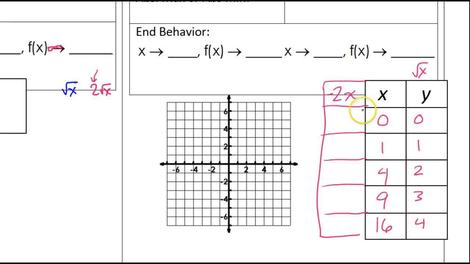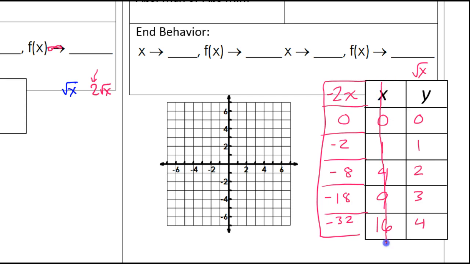That's not changing. Okay, but we have these new X values. We're going to have a new X column by multiplying all the old X values by negative 2. So that's going to give me 0, negative 2, negative 8, negative 18, and negative 32. So that's my new X column.